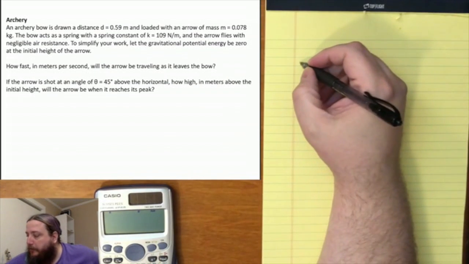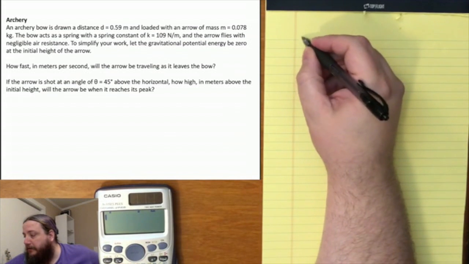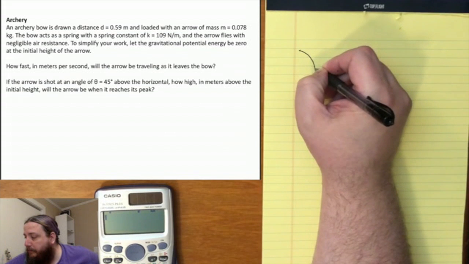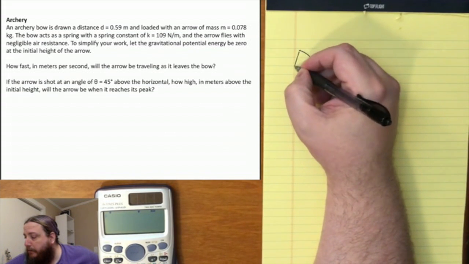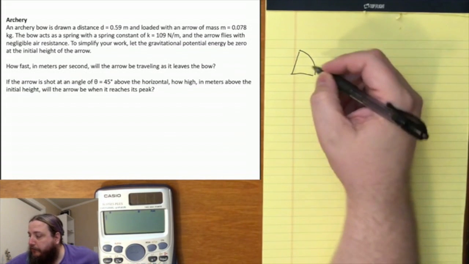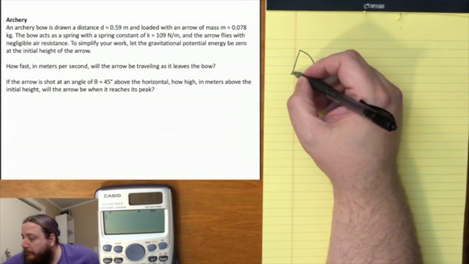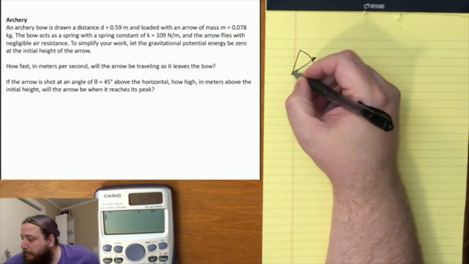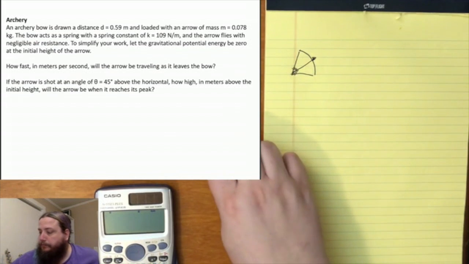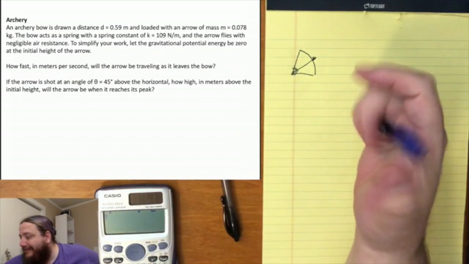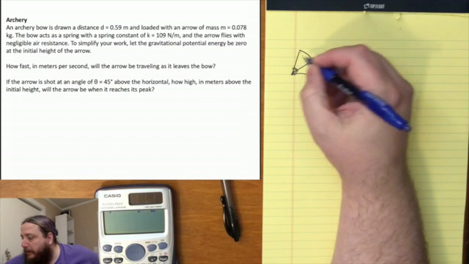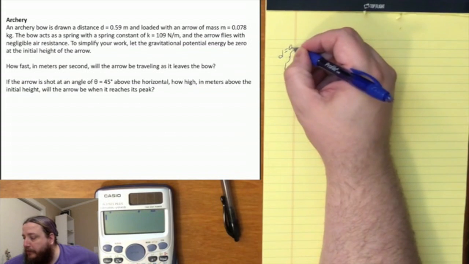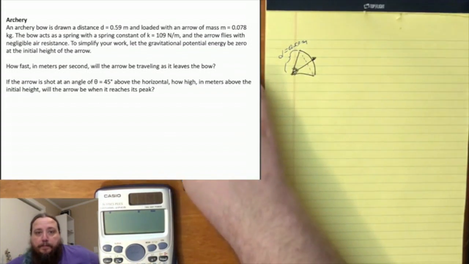All right, so let's draw ourselves a picture. And the first moment of interest here is when we've got our bow drawn to full extension. Here's our arrow. We've drawn at a distance here, d of 0.59 meters.